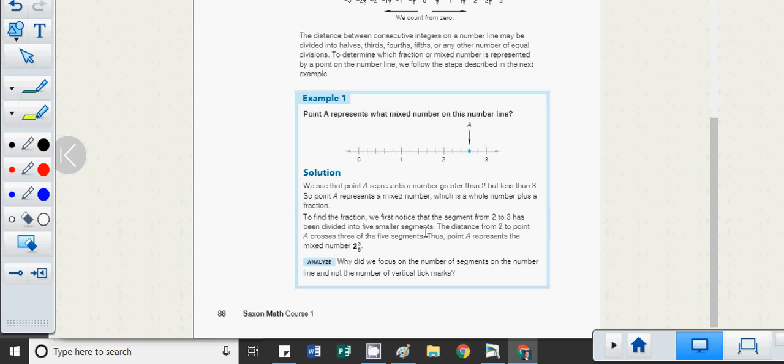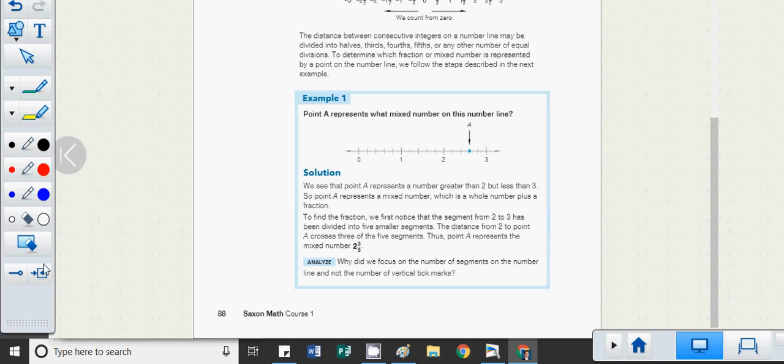Why do we focus on the number of segments on the number line and not the number of vertical tick marks? Remember, we count spaces. We count number of segments or spaces, not tick marks, because otherwise you might count the 2 tick mark and count 1, 2, 3, 4, 5, you get 6, right? There's 6 lines counting the 2 and the 3, but there's 5 spaces, and that's what we really need to be thinking about is the 5.